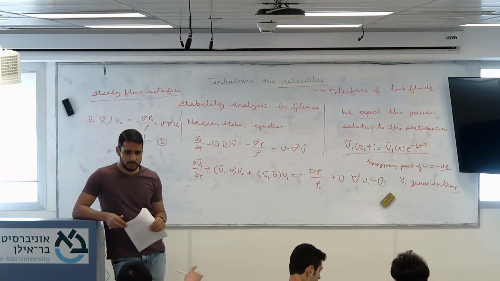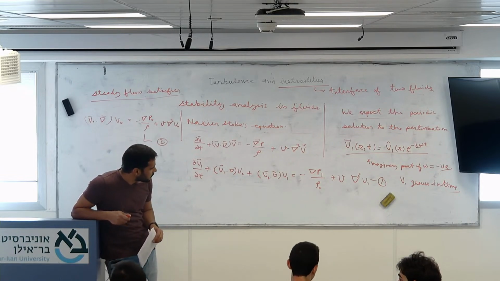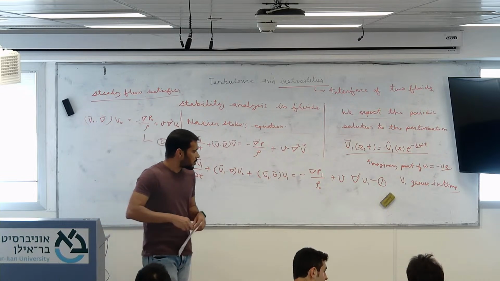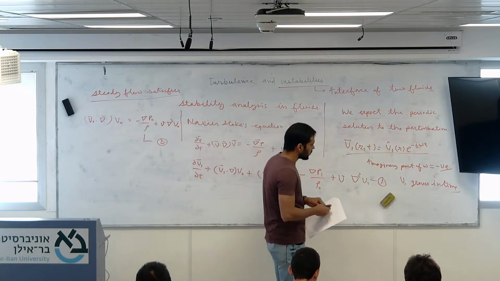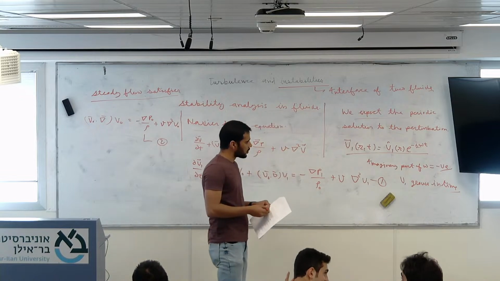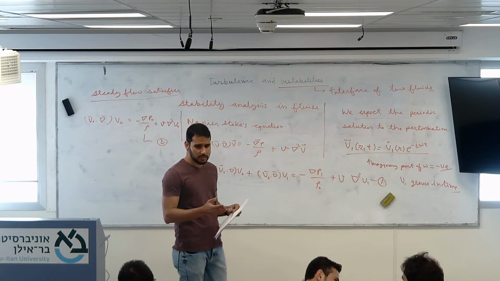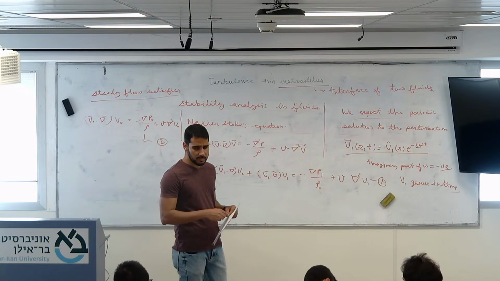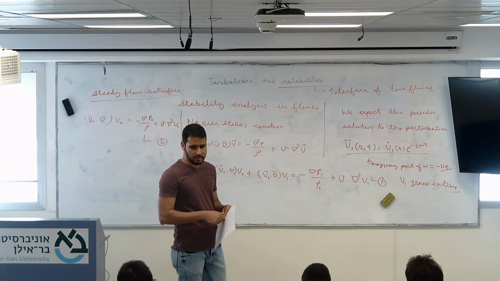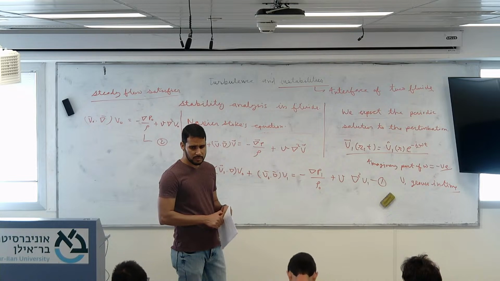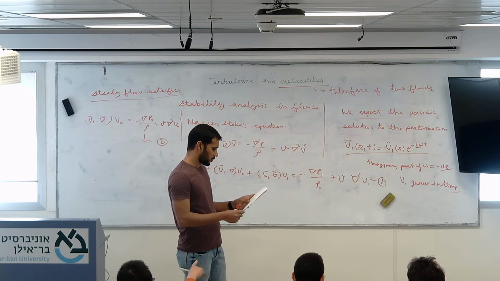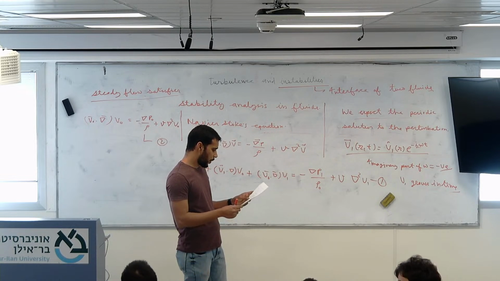Positive, if you have a positive imaginary part. If the imaginary part of omega is positive, then you get an increasing solution, because you have minus i omega t here.